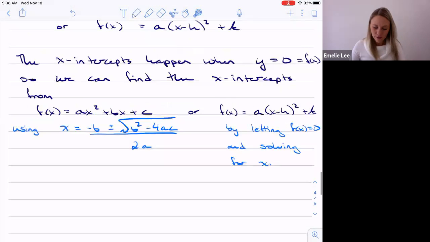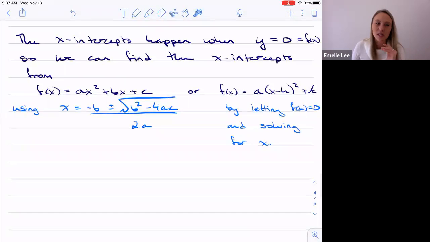So you would have numbers, like 0 equals 3 times x plus 4 squared minus 9. You can solve for x, just as an example. So you have two different ways of finding the x-intercepts. Pick one and stick with it. You don't have to do both, obviously. They're going to get you to the same answer.